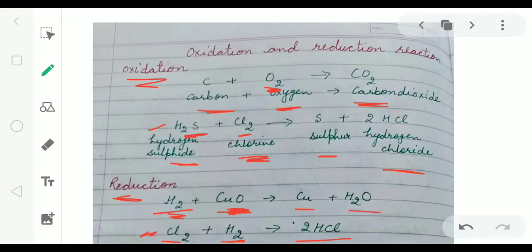In this second example, hydrogen is reducing agent because it supplies hydrogen to chlorine.